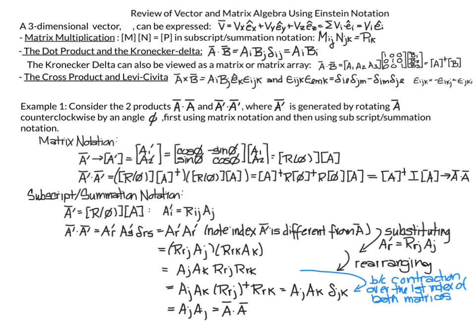So we're going to have A_J, A_K, R sub RJ transpose, R sub RK. Now since this is just a transpose times itself, that's the identity matrix. So what we get is A_J times A_J, which is equal to A dot A. And we can see this is exactly what we got with the matrix notation.